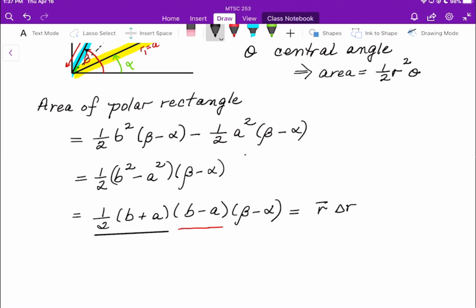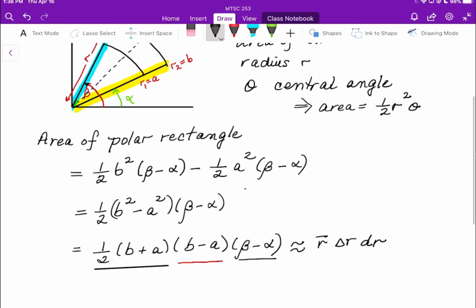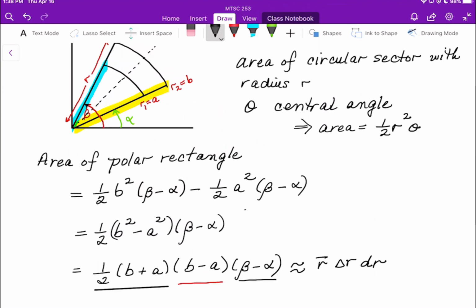And then beta minus alpha, that's just delta theta. So the area of that little polar region is R dr d theta. Okay, so that's the area of that one little polar region, and we're talking about this area right there.